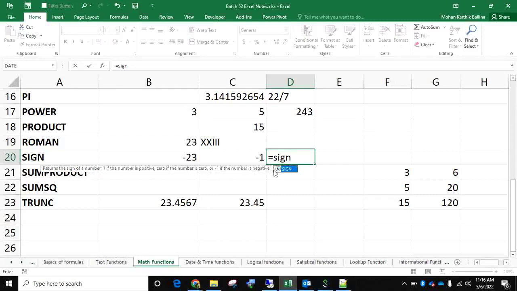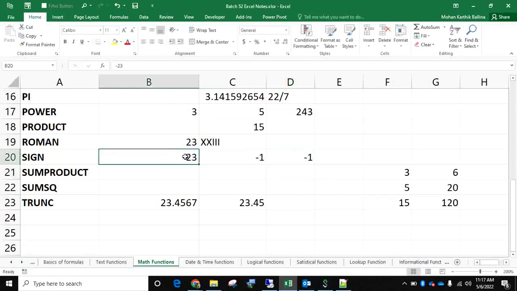If you give a positive number, you will get the answer 1. That means it is positive. If you give a negative number, then your answer is -1. It's just giving the sign of your number.